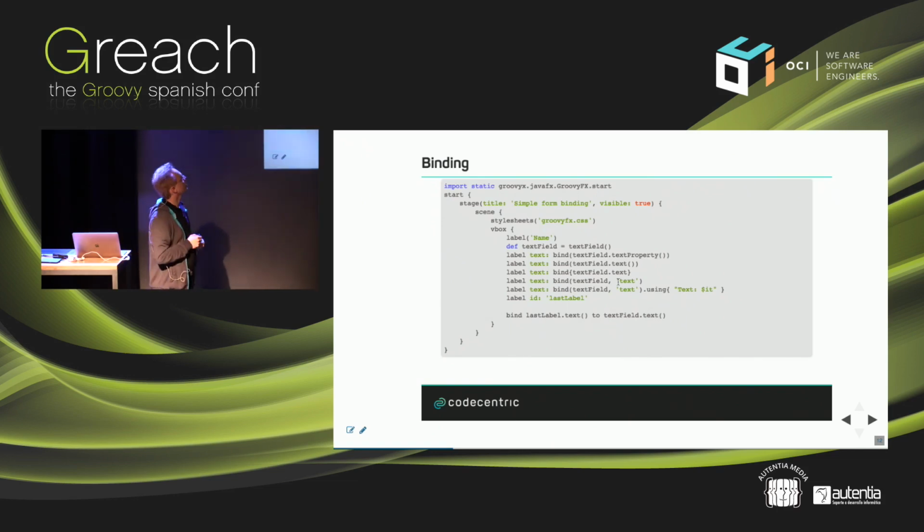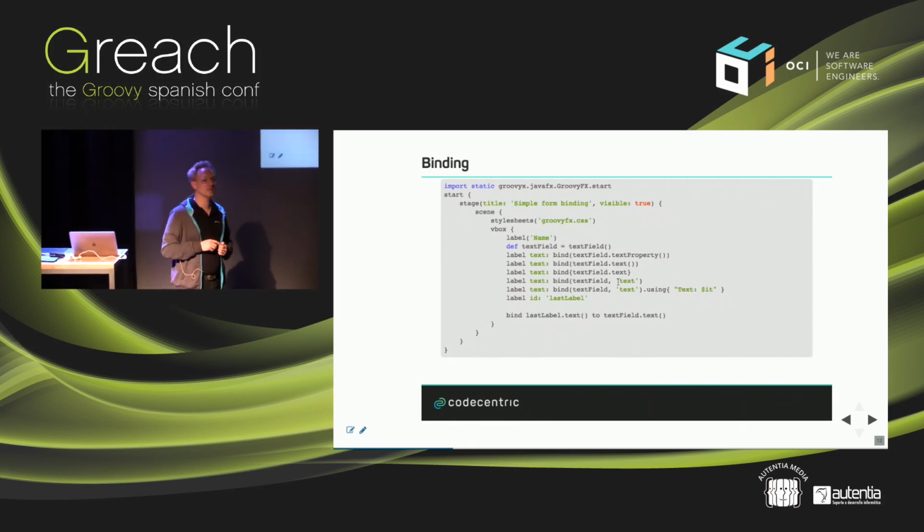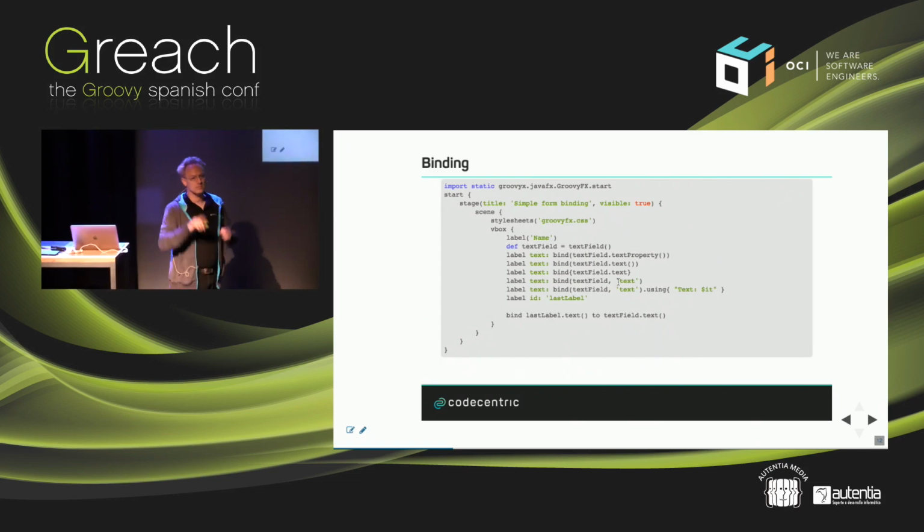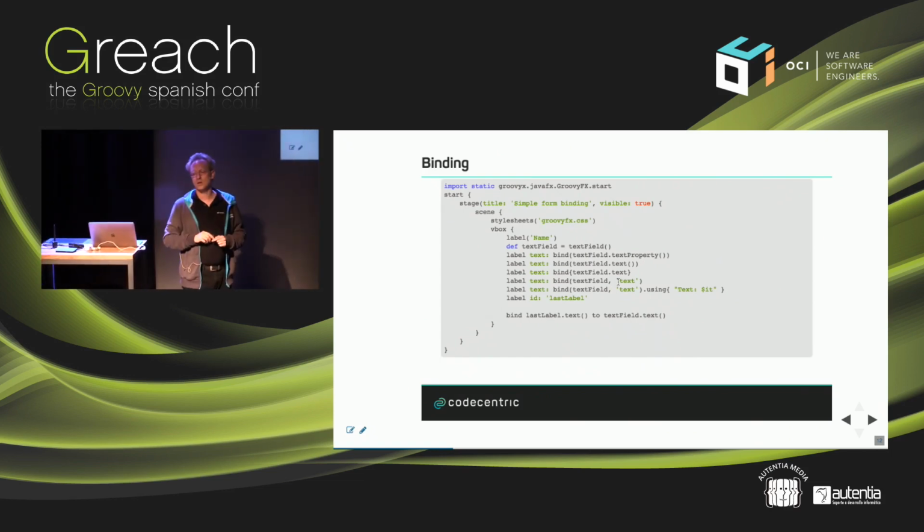Yeah? And the thing is, the ending property is some kind of convention in JavaFX. So all the properties by default in JavaFX have to be named property as a method. But GroovyFX helps us a little bit in being more lazy. So it as well adds a dynamic method text as a method.